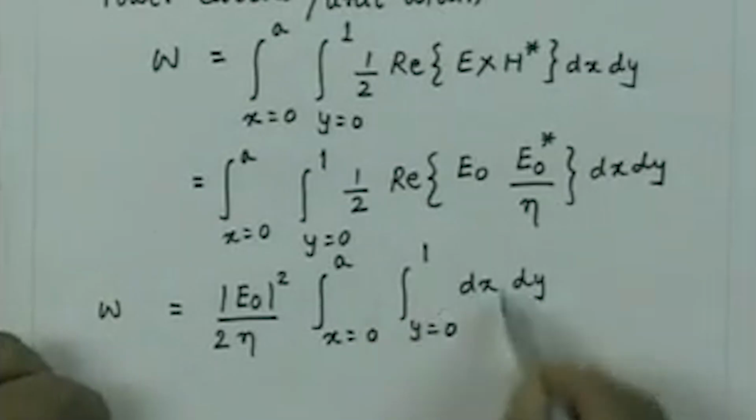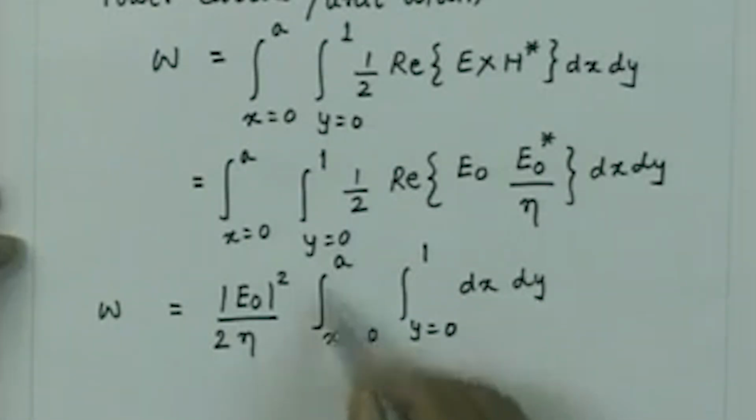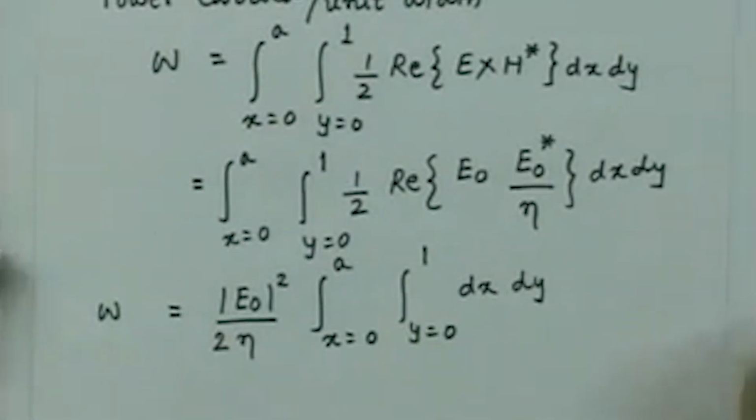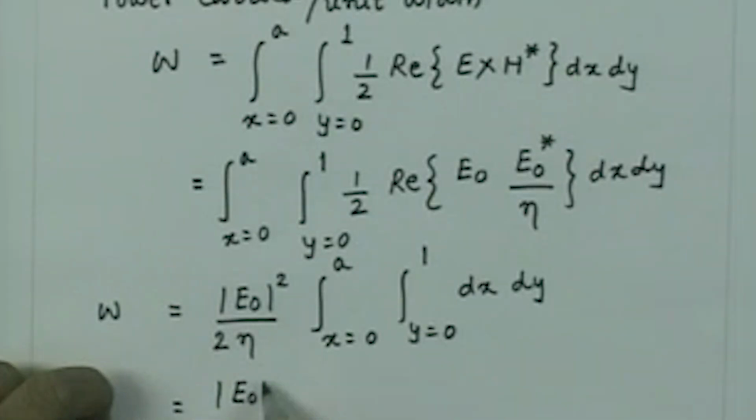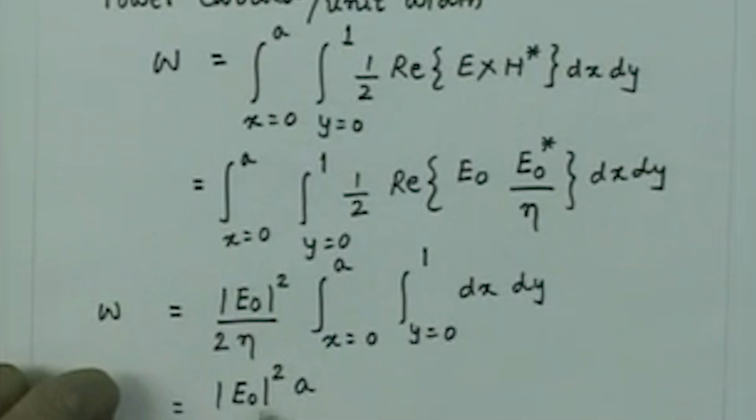So, essentially with respect to y the integral is 1, with respect to x the integral is a. So, this is equal to simply |E0|² a upon 2η.